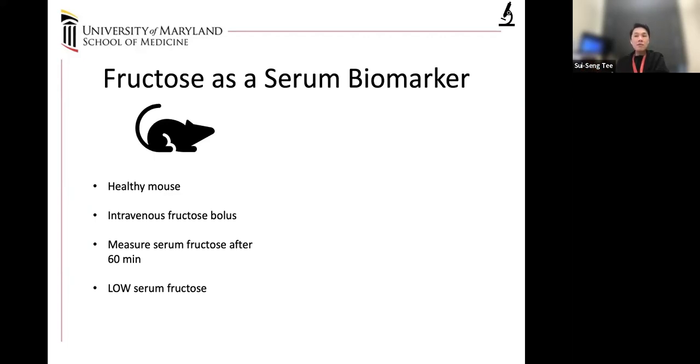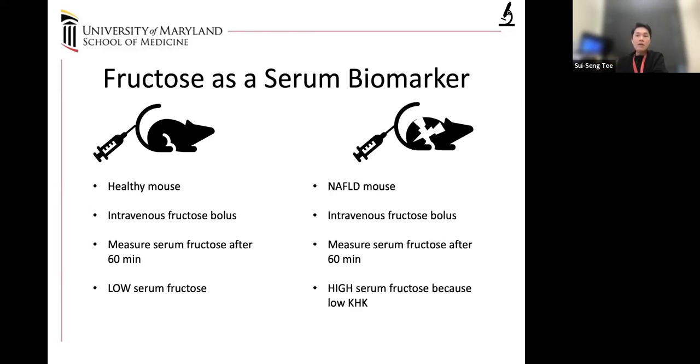So here is perhaps a minimally invasive way where how much fructose is left in the blood can tell us something about the state of the liver. Again, we think we can inject a healthy mouse with a bolus of fructose, and measure what's left in the serum at several time points after.